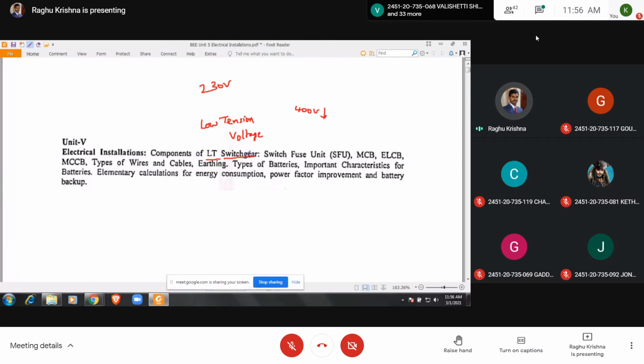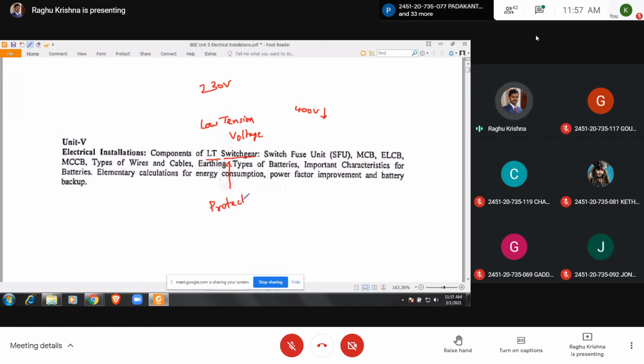Now, what is meant by switchgear? The apparatus used for switching, controlling and protecting of electrical equipment.